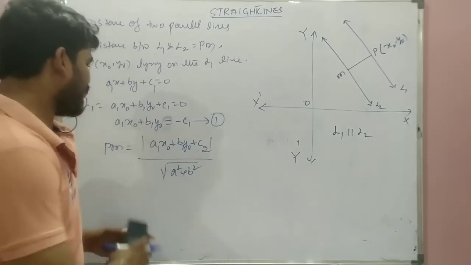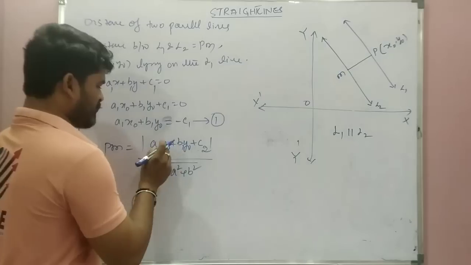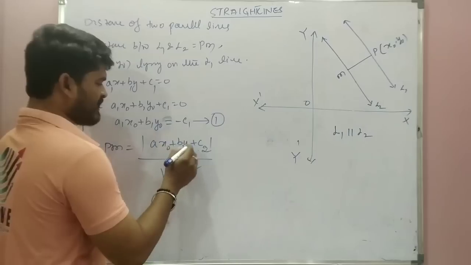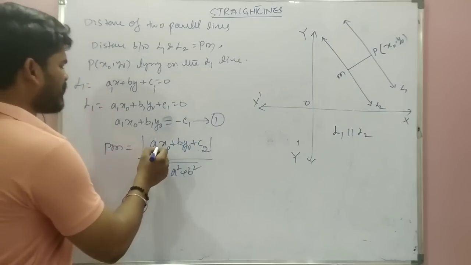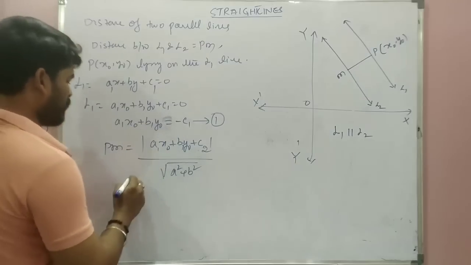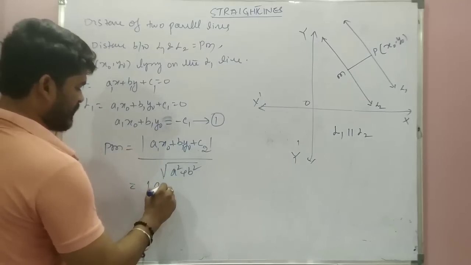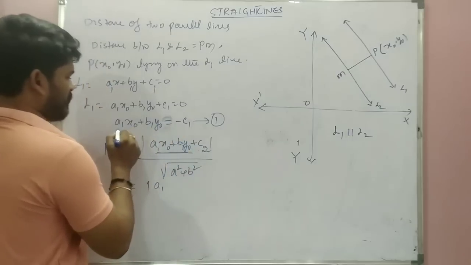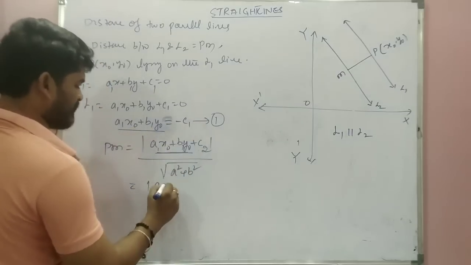Understand? This total equation is a1x0 plus b1y0 plus c2. These are the conditions. Therefore, a1x0 plus b1y0 we know from equation 1 is minus c1.